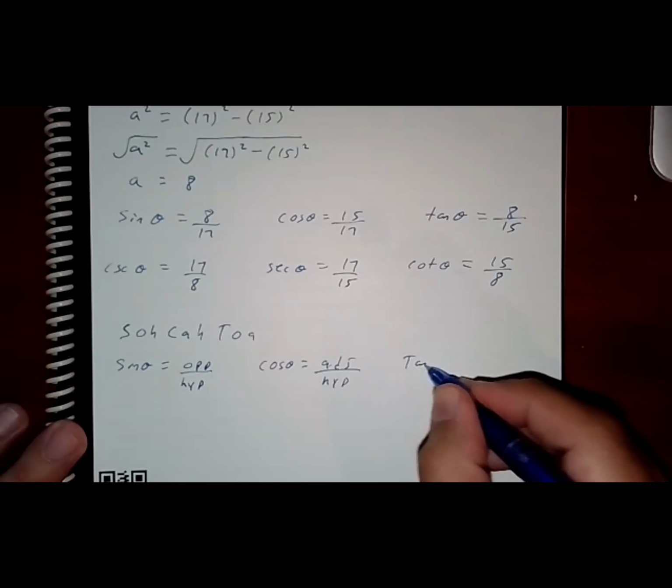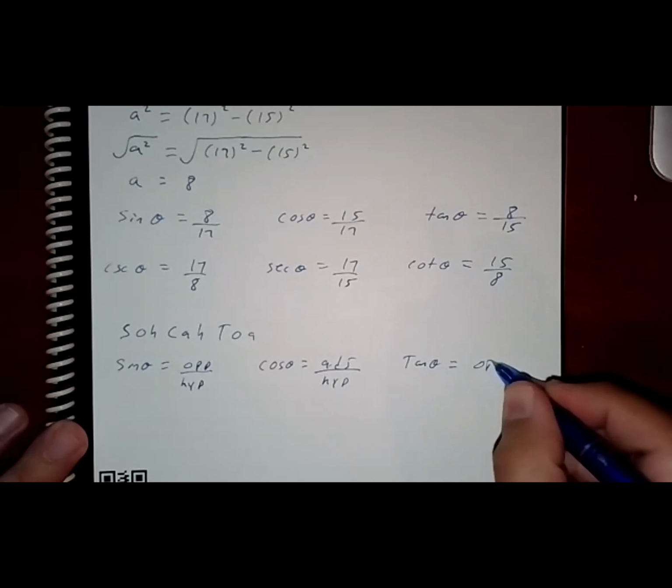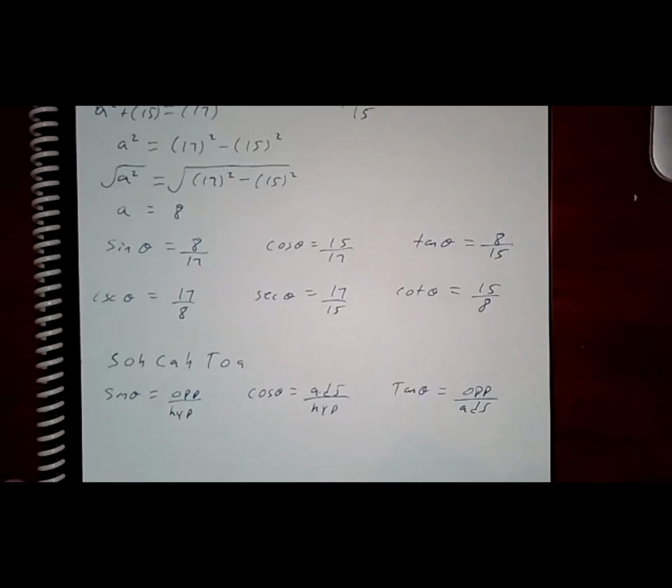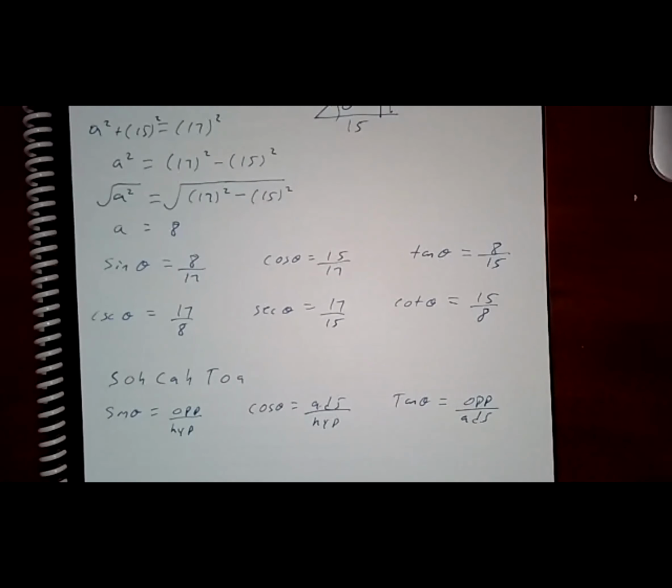TOA, tangent, is opposite over adjacent. If you want to use that to help you, that'd be great, but you don't have to. Any questions on number 7? Did you see how it's the same thing? Even if you have one trig function, you should be able to find all 6.